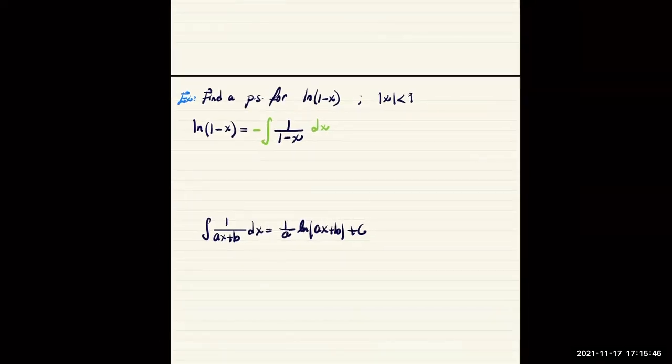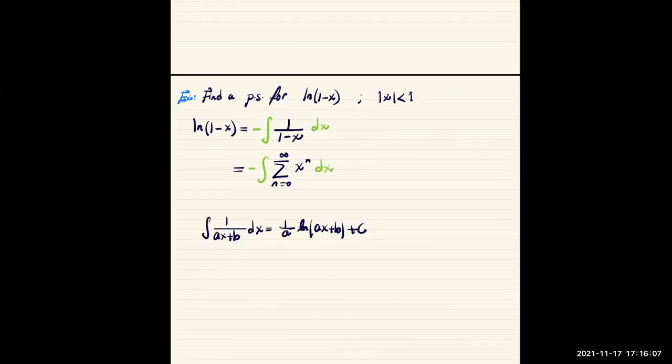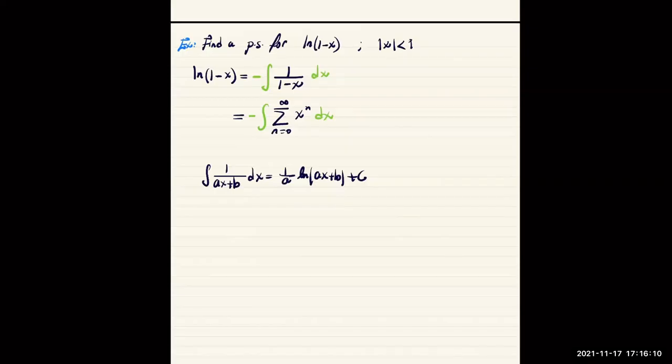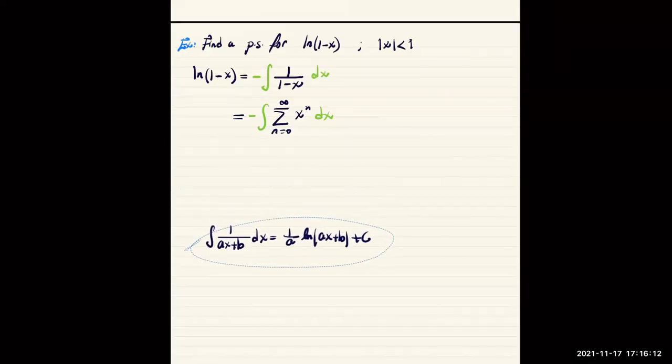And all you have to do is take the negative of the antiderivative of 1 over 1 minus x. We know the power series for that. It's again the sum for n from 0 to infinity of x to the n, with respect to x. You can again expand that and integrate term by term, or you can just integrate as is.